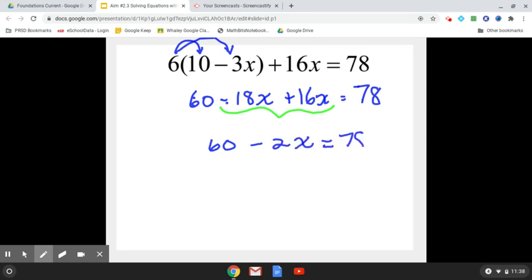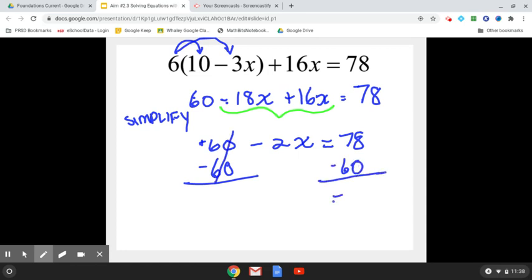If you need a calculator, go ahead and use it. Negative 18x plus 16x is negative 2x. That reason is just simplify. That's what I did there. Now, at this point, this is a positive 60. Even though it's not written there, that's a positive 60. So I'm going to subtract 60. It's the additive inverse. Whatever I do on one side, I do on the other. Addition property of equality. That gives me 8x.